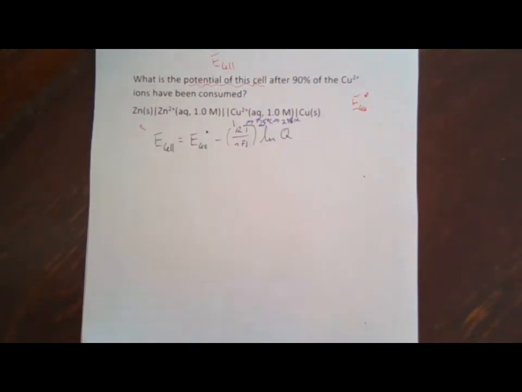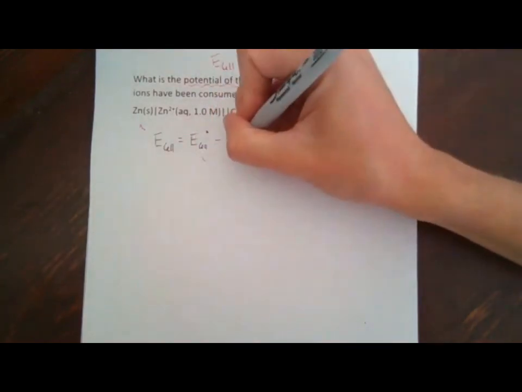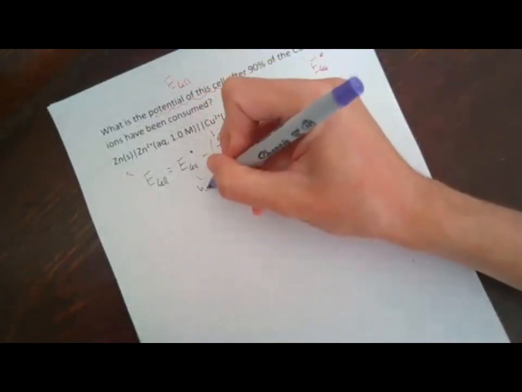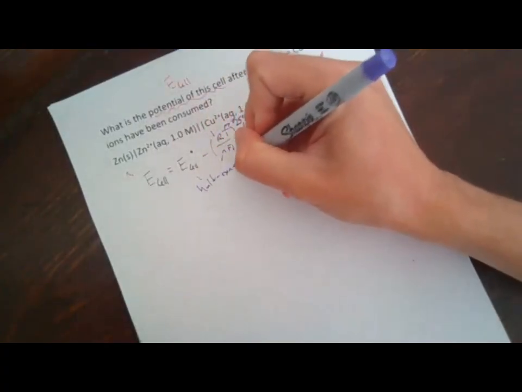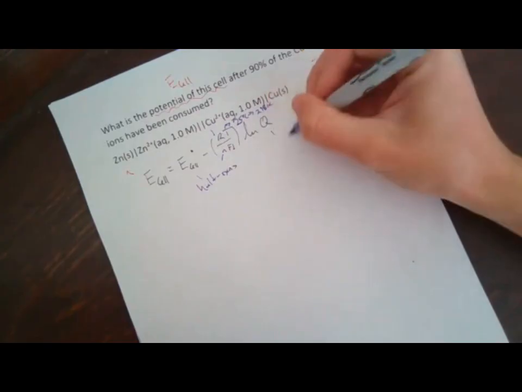That's where the variability comes in when you're defining your particular cell. E cell naught and N are based on the half reactions, and Q is the actual reaction quotient.